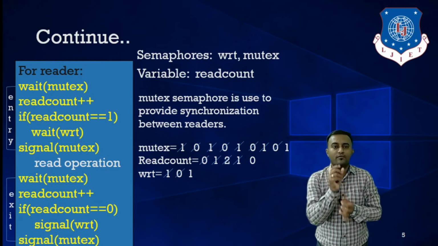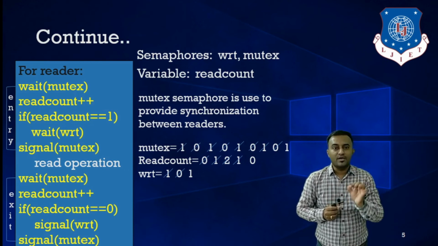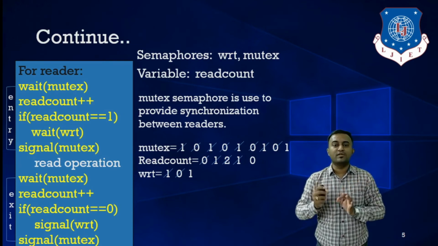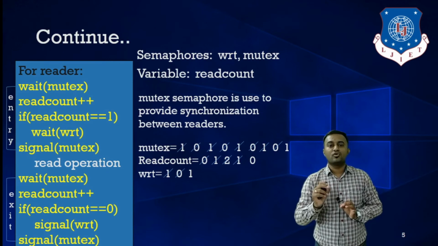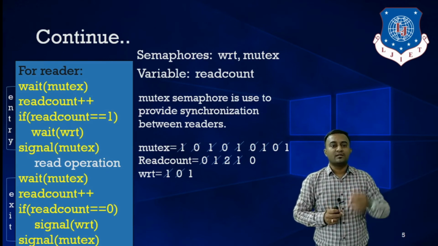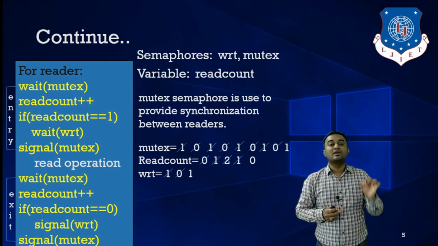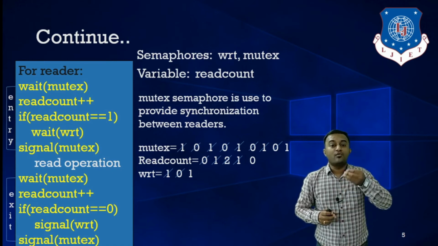So wait of mutex: the initial value of mutex is 1, so the wait operation can definitely be performed, and once it is performed, the value is decremented by 1. So now the value is 0 as far as mutex is concerned. The next statement executed by the reader process is read count plus plus. The initial value of read count is 0.